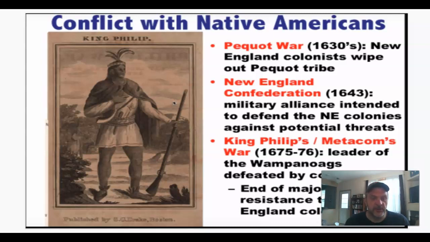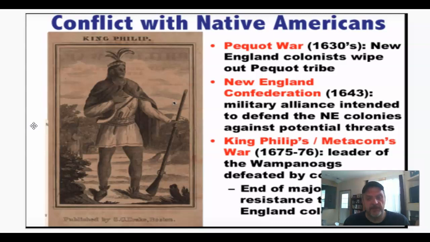The settlers knew him as King Philip, and you see a picture of him here on the slide. Within his tribe, he was known as Metacom, and he was the leader of the Wampanoags Indian tribe in New England. And eventually, he would be defeated as well by the colonists.